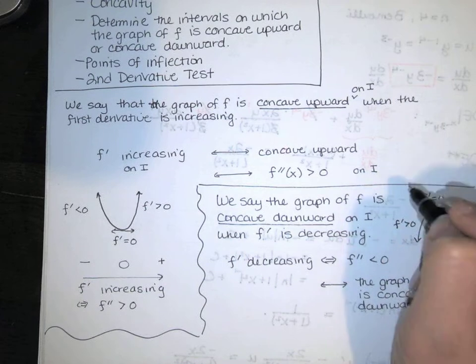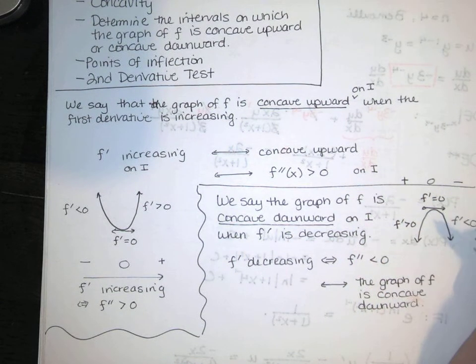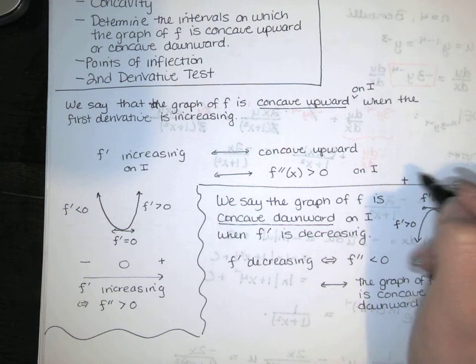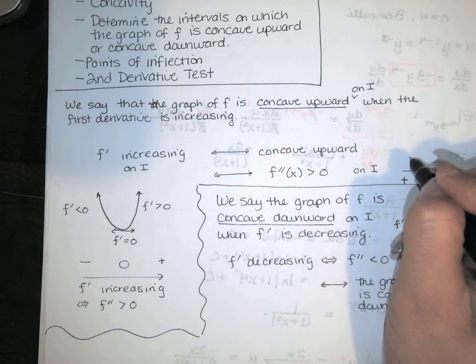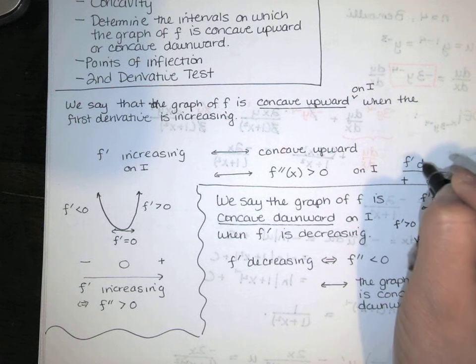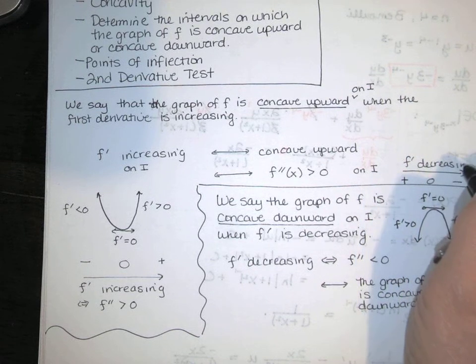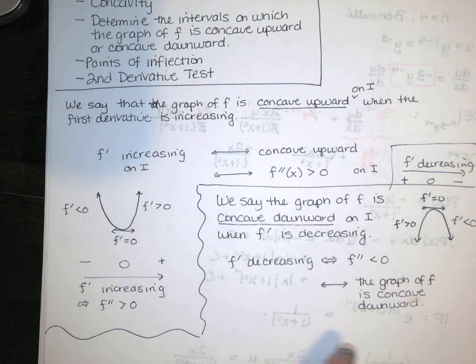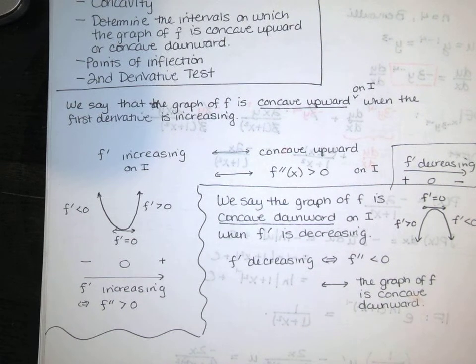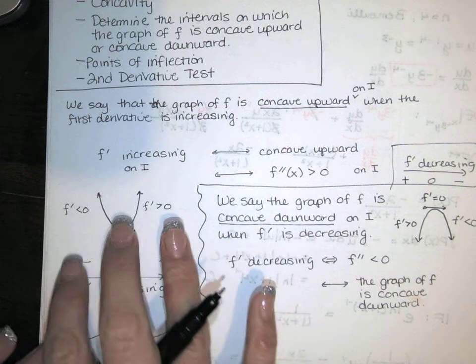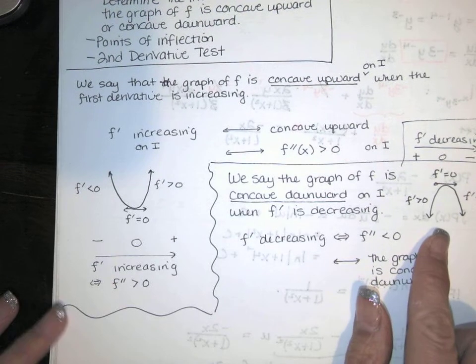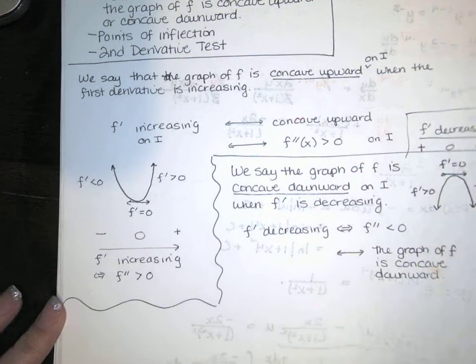So f prime is going from positive to 0 to negative. Well, that means that f prime is decreasing as you go from left to right. And if f prime is decreasing, that means the second derivative is negative. So graphically, that's what's going on. If I see a graph that looks like this one, it's concave upward, and this one's concave downward.